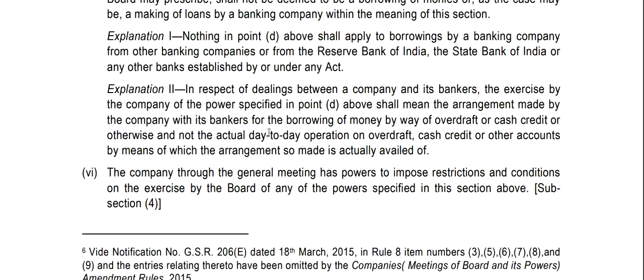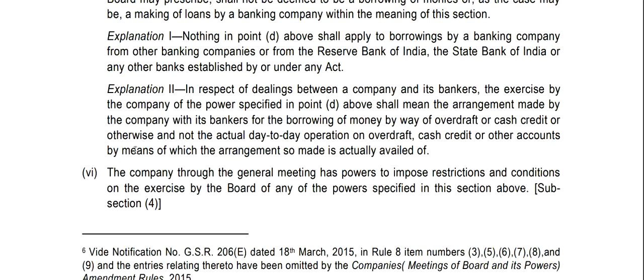Explanation number 2. In respect of dealing between a banking company and its bankers, the exercise by the company of the power specified in point D, that is borrowing of money above, shall mean the arrangement made by the company with its bankers for the borrowing of money by way of overdraft or cash credit or otherwise, and not actually day-to-day operations on overdraft, cash credit or other accounts by means of which the arrangement so made is actually availed of.